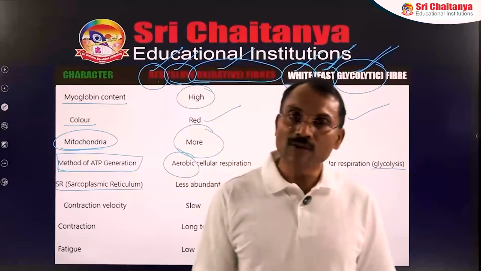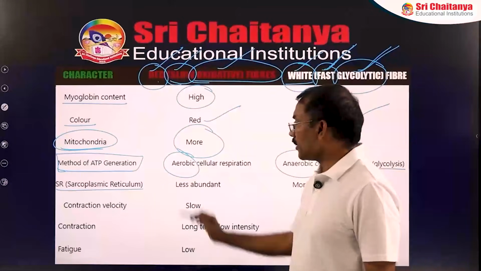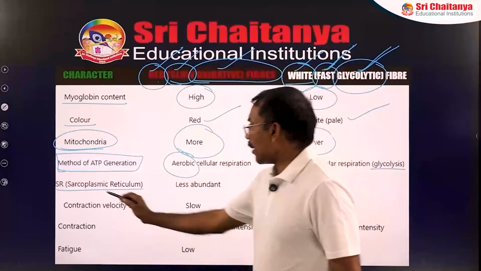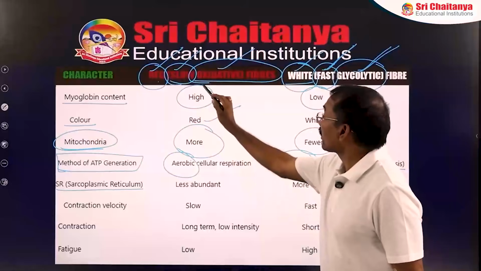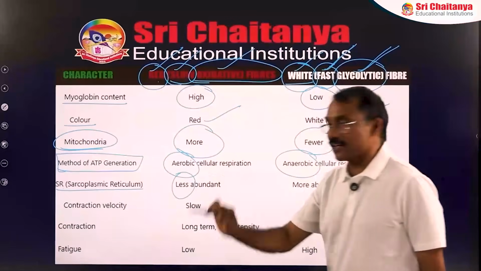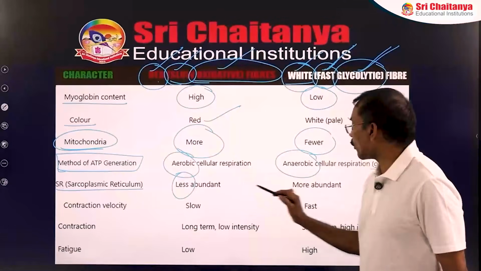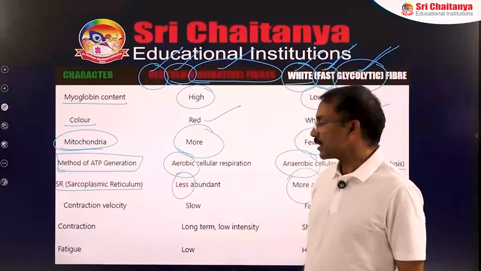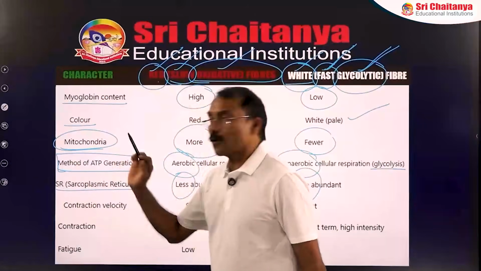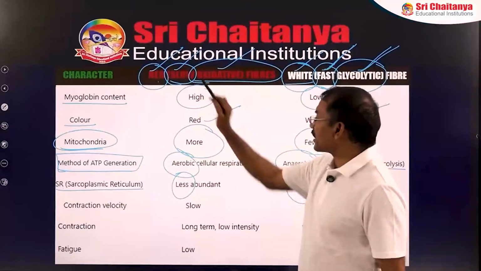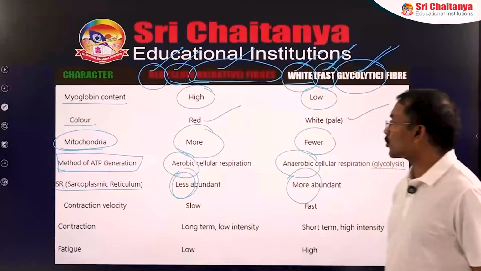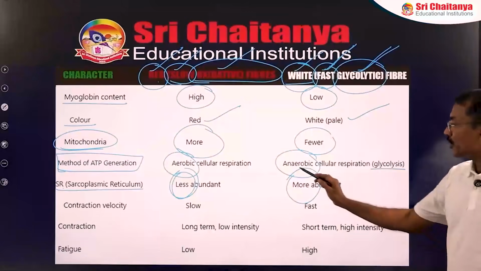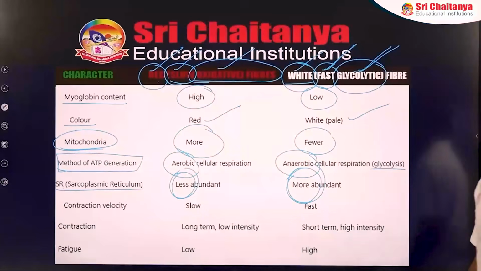Sarcoplasmic reticulum is nothing but the endoplasmic reticulum in sarcocytes. The amount of sarcoplasmic reticulum in red muscle fibers is less in amount, whereas in white muscle fibers it is more in amount.